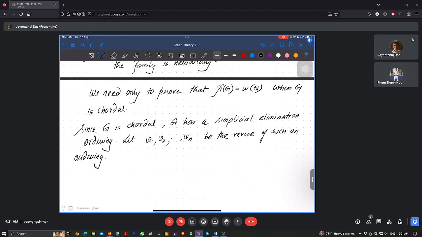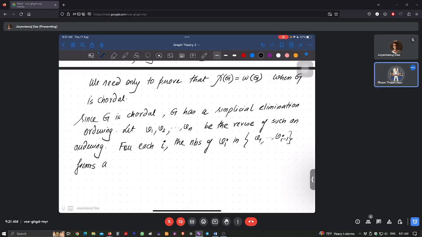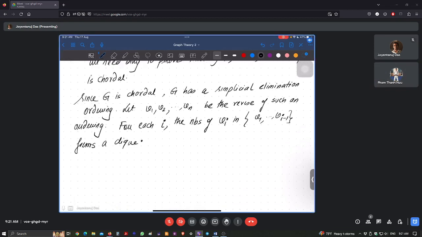Now we know by the definition of the simplicial elimination ordering that for each i, the neighbors of vi in v1 to vi minus 1 form a clique. So we apply greedy coloring on this property.